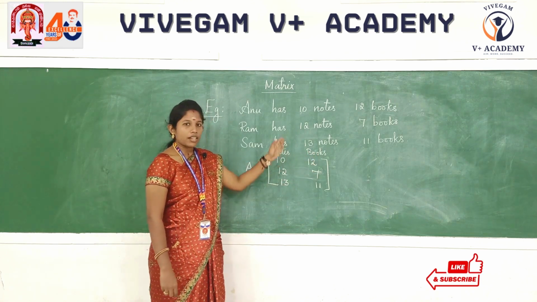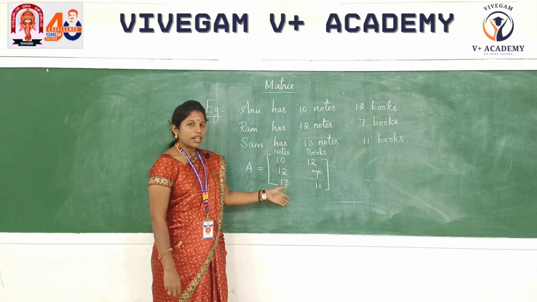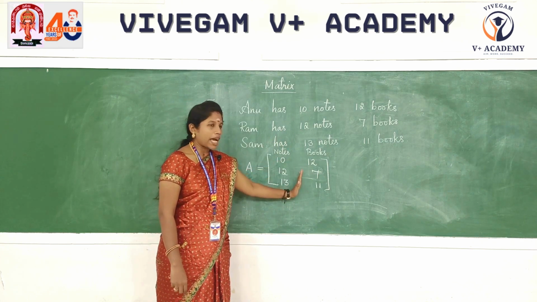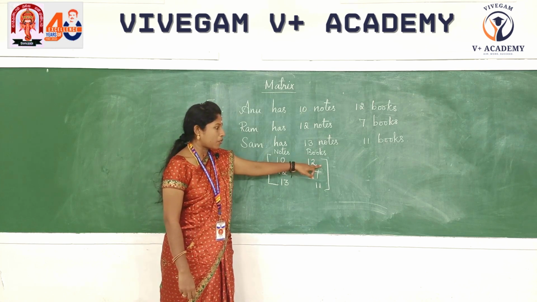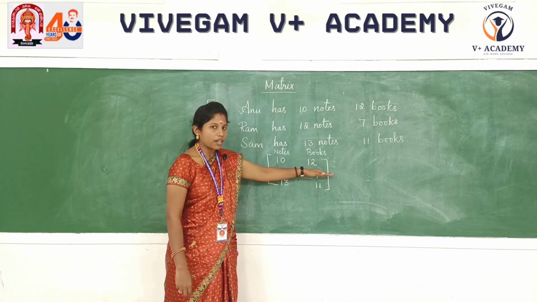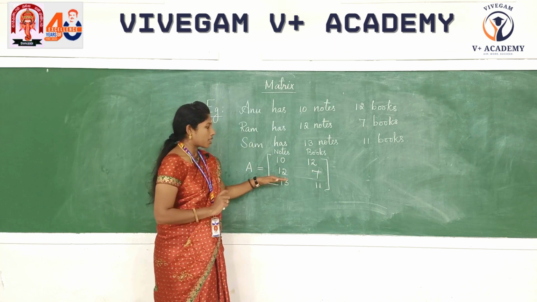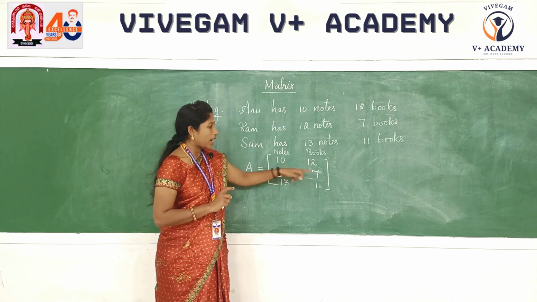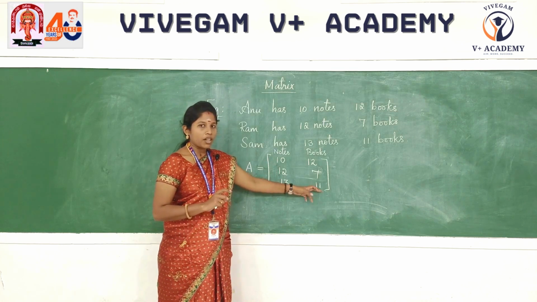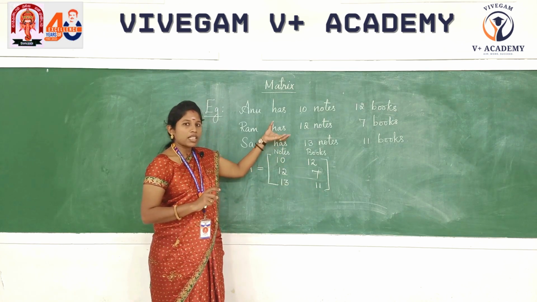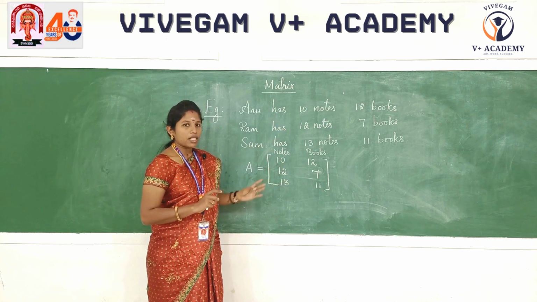Instead of using a line, we are making a gap between them. So the first person's number of notes and number of books has to be written in a row. The same thing for the second person, the number of notes is 12 and the number of books is 7. Similarly, the third person's counting has to be written. So this is the way of representing the given data using a matrix.